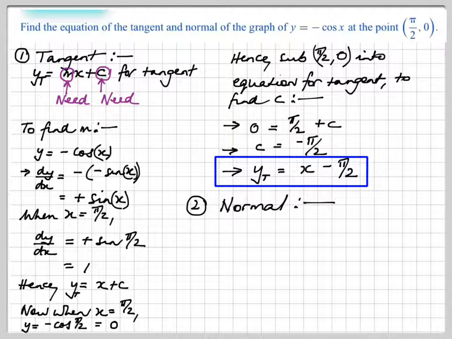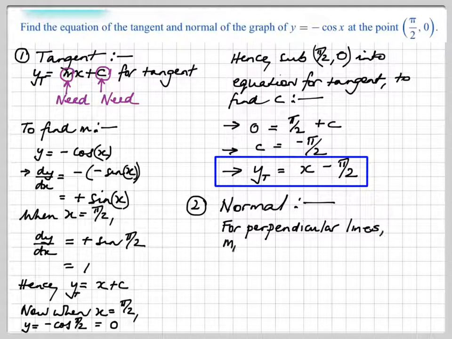Now, I hope you remember our very important rule for the gradients of perpendicular lines, because we know the gradient of the tangent is 1. And we know that for perpendicular lines, m1 times m2 is minus 1.